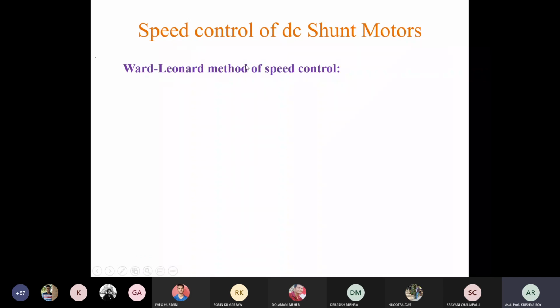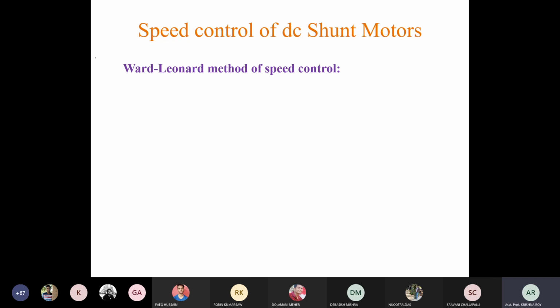So the next method is the Ward-Leonard method of speed control. This method is actually some kind of advanced method of speed control of DC shunt motor. By this method, we can apply both terminal voltage variation as well as field flux control methods of speed control.